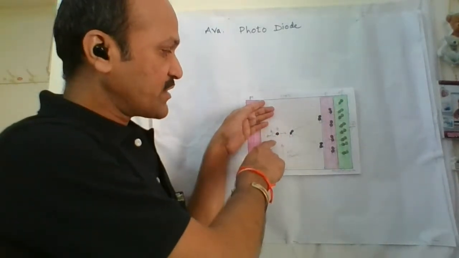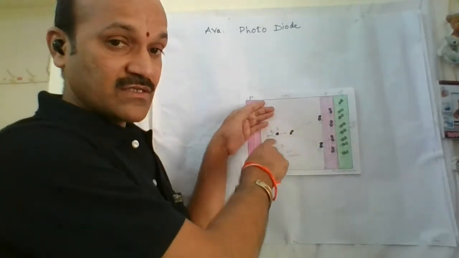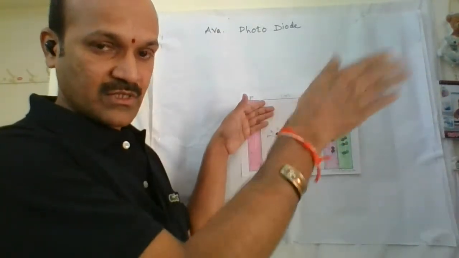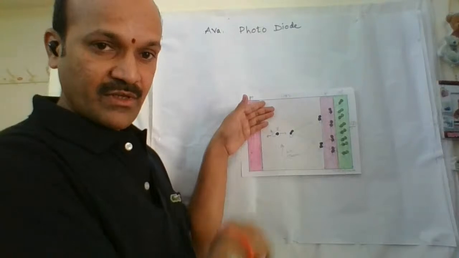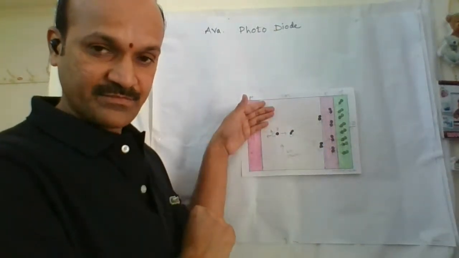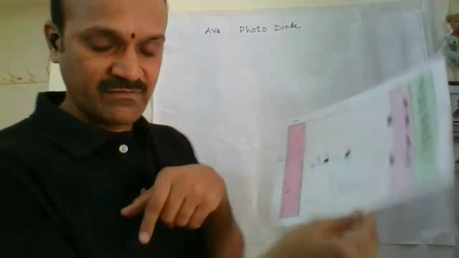Because we applied the bias across it, the electrons and holes move away in their respective directions. That flow of electrons you can see in the circuit as current flow. The use of it is different, we'll see later.